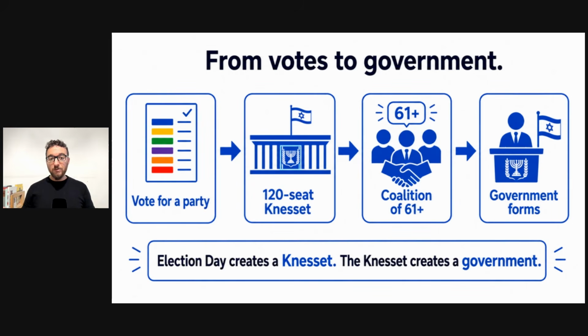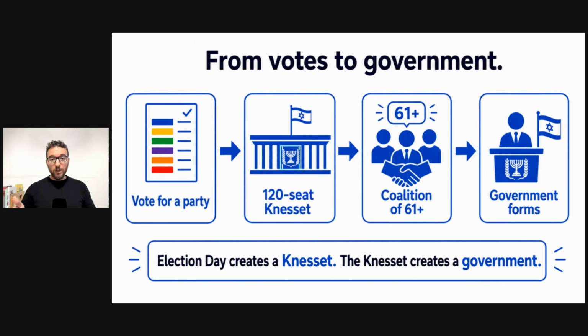And so there we have it. We've run through the entire process, beginning with the vote that isn't a vote for prime minister, it isn't a vote for an individual, it's a vote for a party. The parties that then make it into Knesset distribute the 120 seats between them, depending on how many votes they got. And the heads of the parties then come to the president. The president gives one of them a mandate to go and form a government.